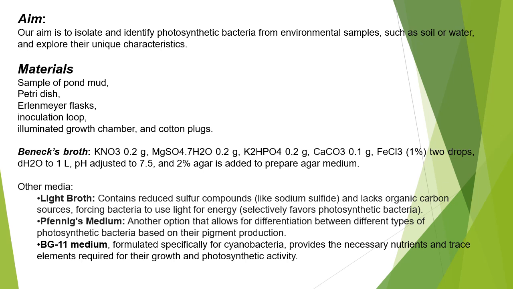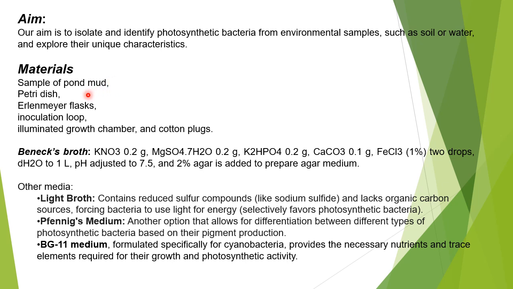Now moving towards our isolation part, as this one is a practical related video. Our aim here is to isolate and identify a photosynthetic bacteria from a given environmental sample. That can be soil or water. Now what materials do you need? Say a sample from a pond, you can collect the mud, you can collect water as well.